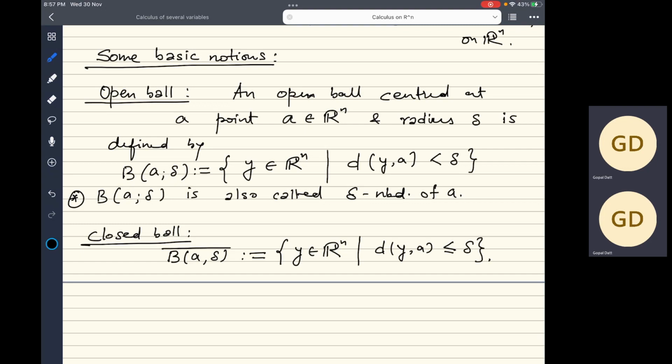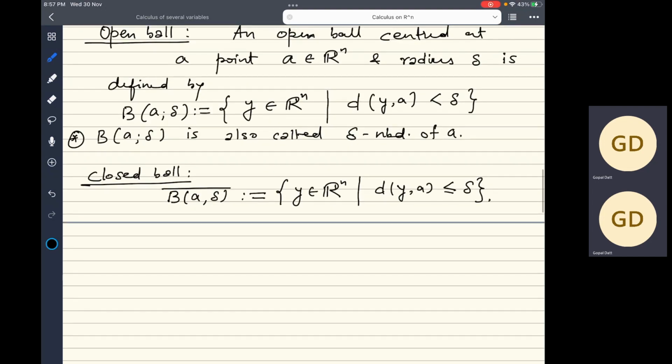Now, having defined these two notions, we now define open set. We will use all these notions in coming lectures. So next notion is open set. What is an open set in Rn?